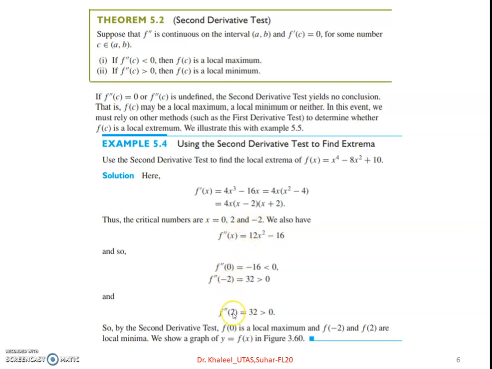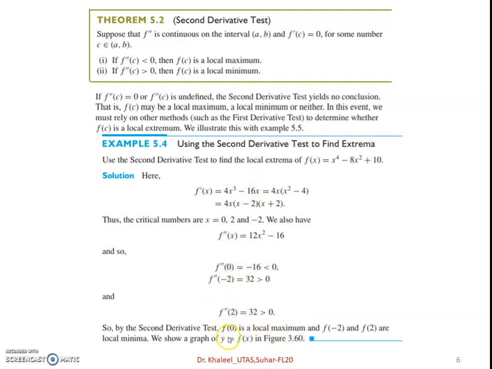I substituted and I get minus 16 less than 0, 32 greater than 0, 32 greater than 0. By the second derivative test, you see that f of 0 is a local maximum.